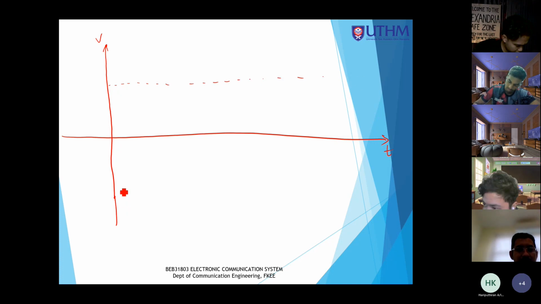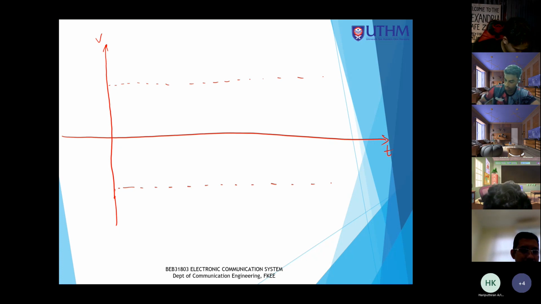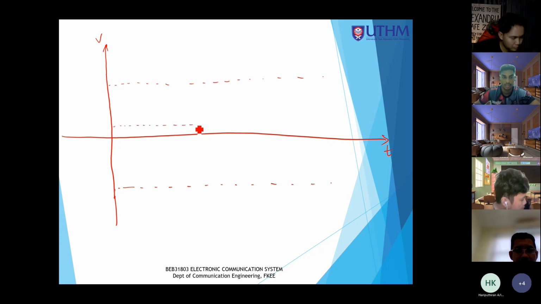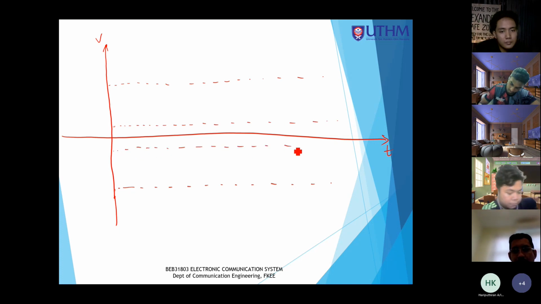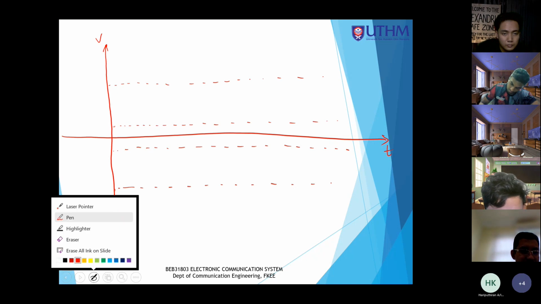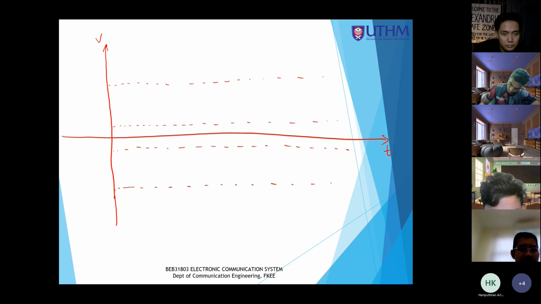And then macam mana saya nak lukis, lagi sekejap. So saya akan buat satu garis titik-titik di sini. Sama juga dengan garis titik-titik di sini. So dia lebih kurang sama tinggi lah. And then what? Saya akan buat lagi satu garis kecil di sini. This is my reference, my reference when I want to draw. Okay. And then saya akan buat another color lah. Saya change color.